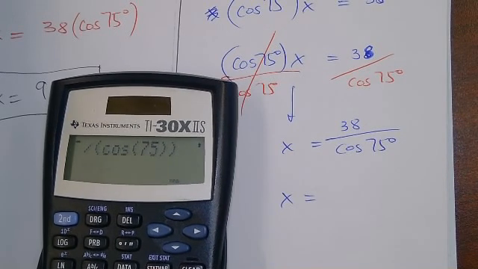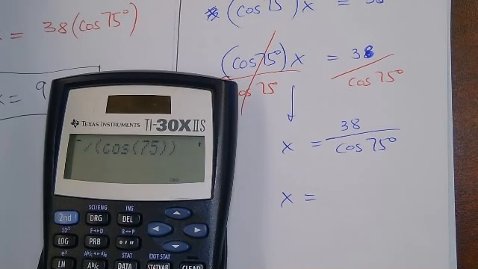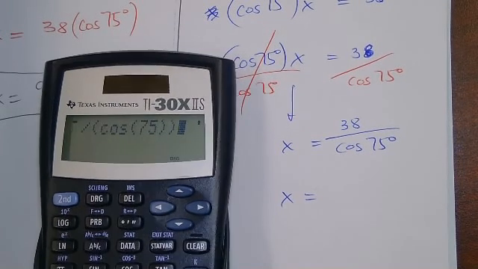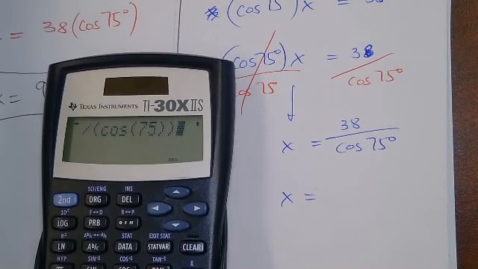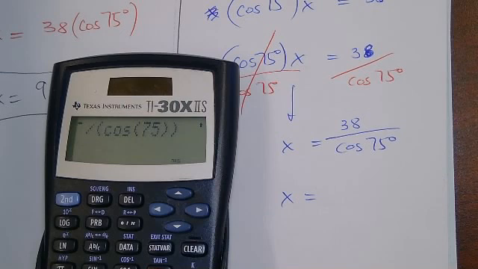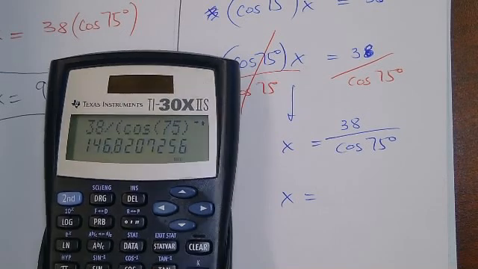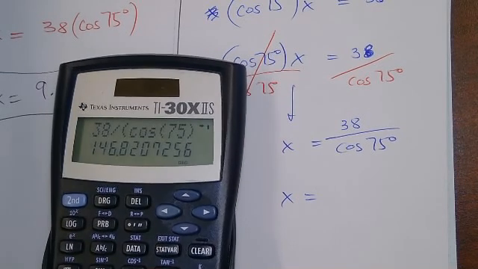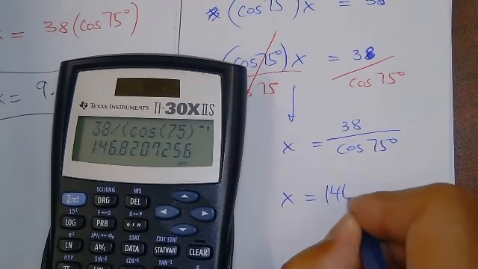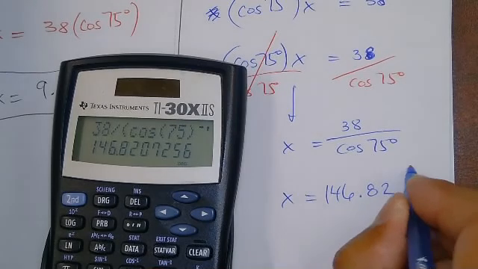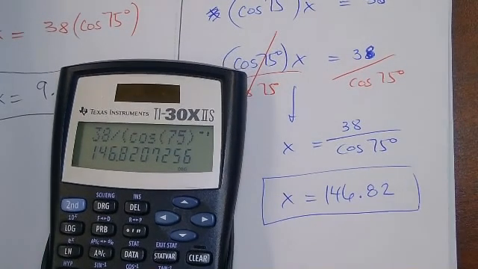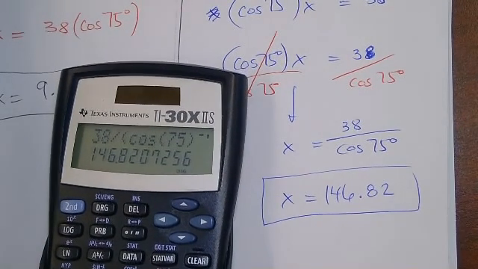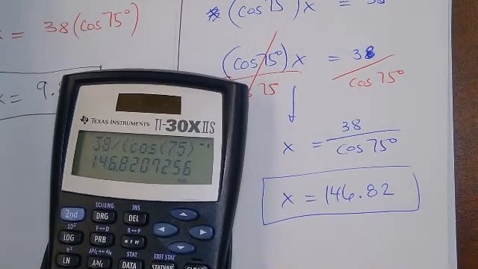Desiree, did you get it? Did you punch this in the calculator? Rebecca, did you get it? What'd you get? Okay, I'm going to hit enter and see if she got 136.82. Correct. That's what I got.